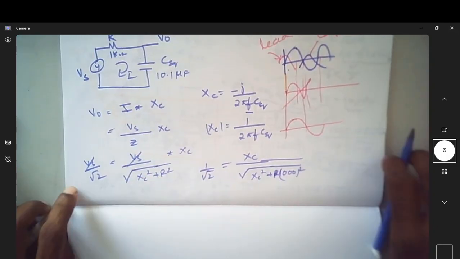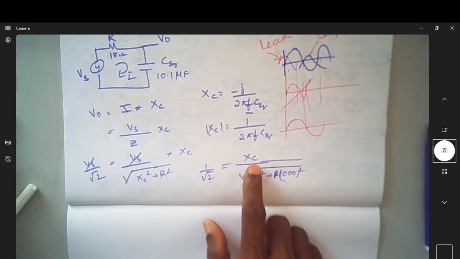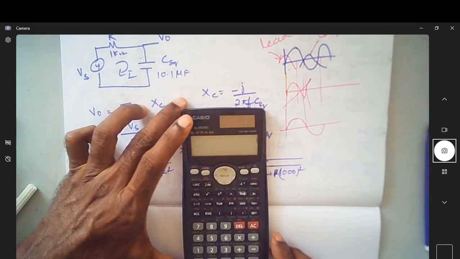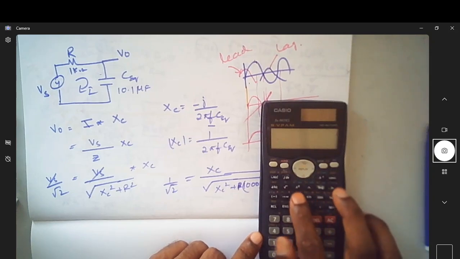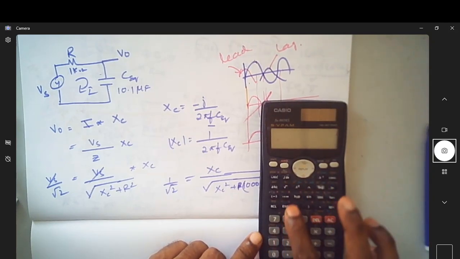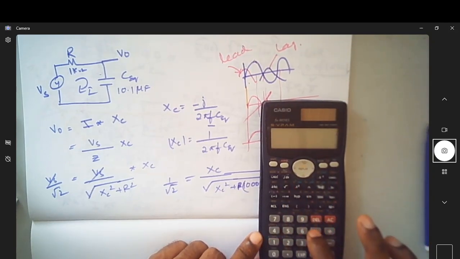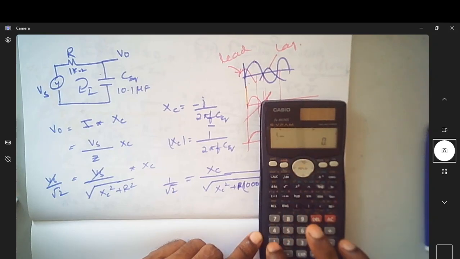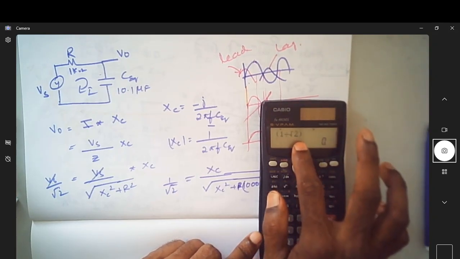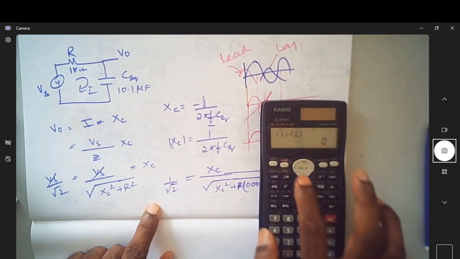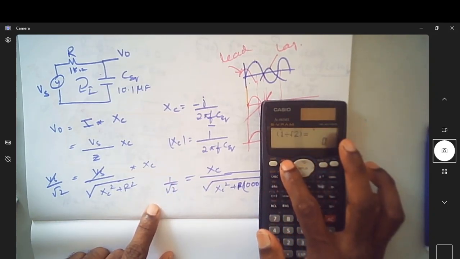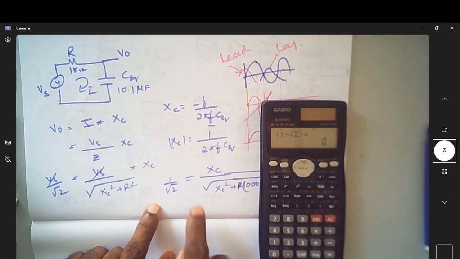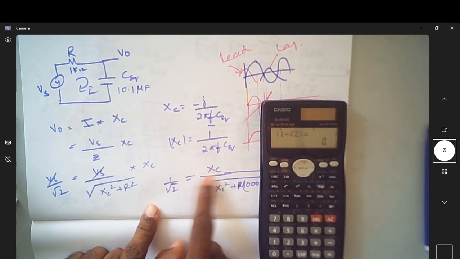Now let me not simplify anything here, so I will find XC. Let us see how we feed this equation as it is. This is 1 by root 2, which is this. I will make it alpha equals, so carefully note it is alpha equals, and then this is XC, which is an unknown.